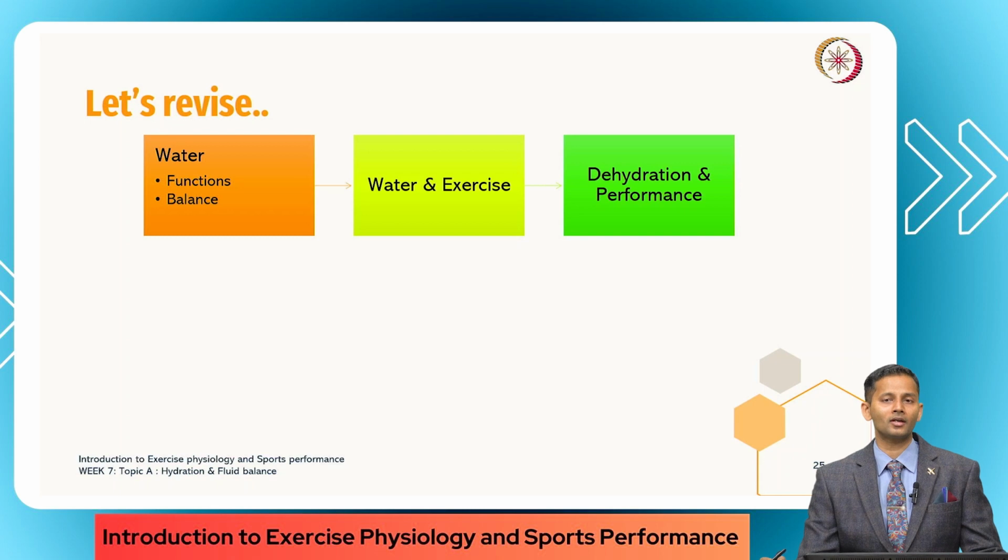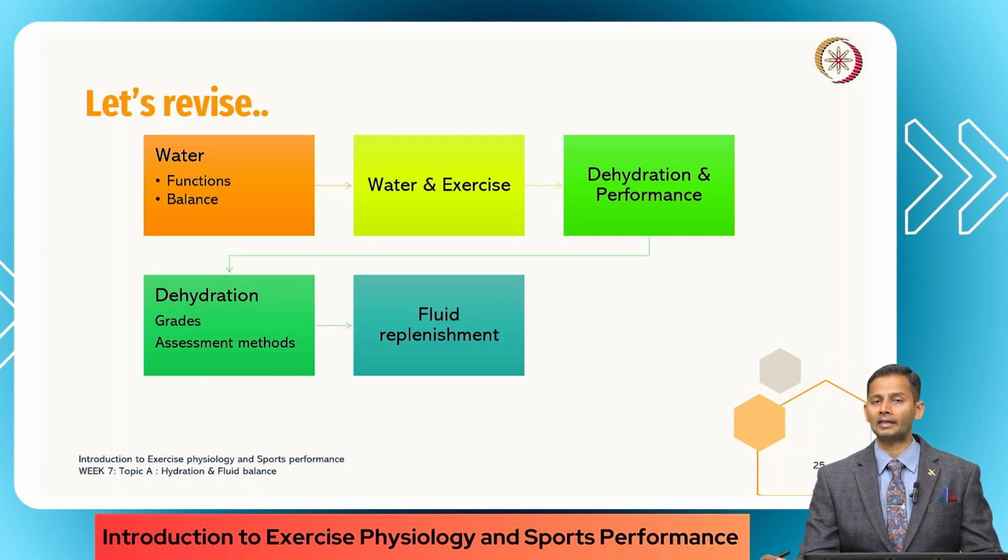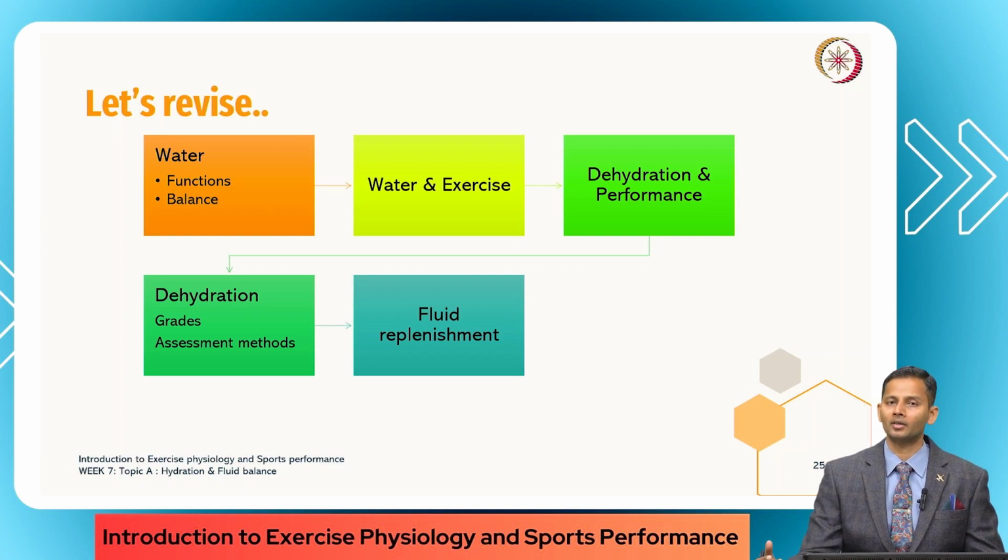What are the various effects of dehydration on performance, and the various dehydration grades? We have also seen various indices that one can use to assess dehydration status, how our body responds to dehydration by stimulating thirst, how this reflex is sluggish, and how we can externally replenish the fluid by following certain recommended methods.